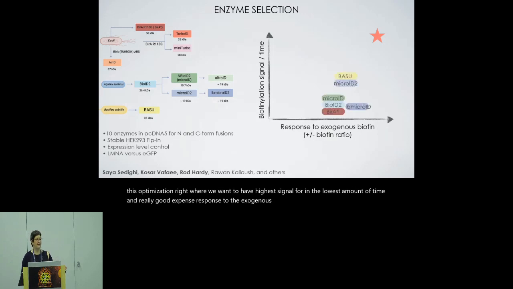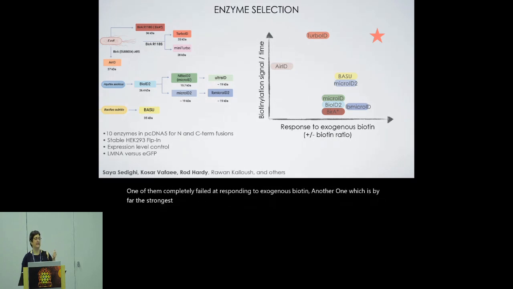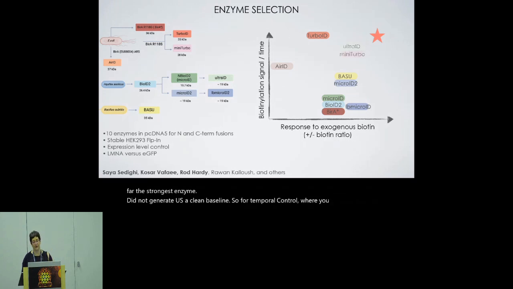And so the basic idea is that we put all of the enzymes through their paces, and some of them fail because their signal was not strong enough. One of them completely failed at responding to exogenous biotin. Another one, which is by far the strongest enzyme, did not generate us a clean baseline. So for temporal control, where you need a clean baseline, this was not optimal.